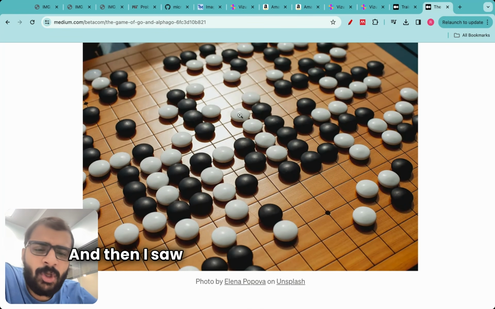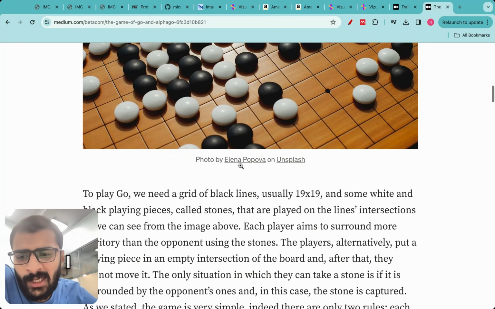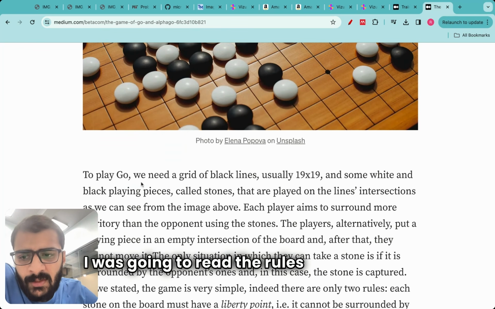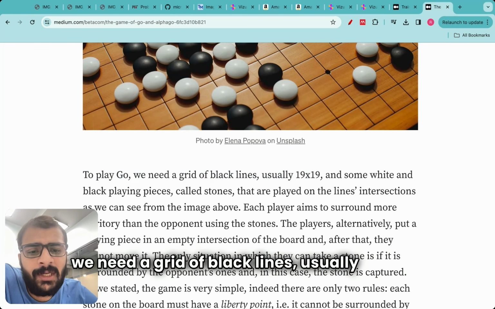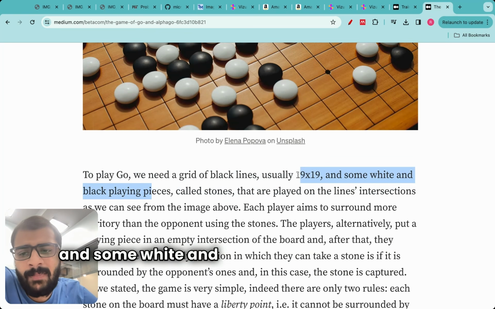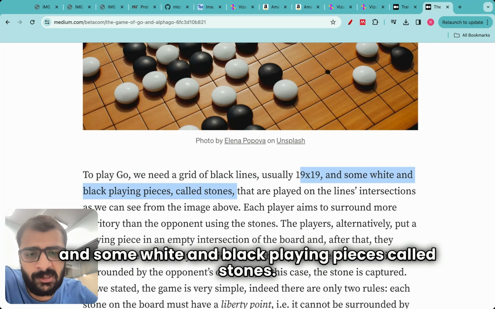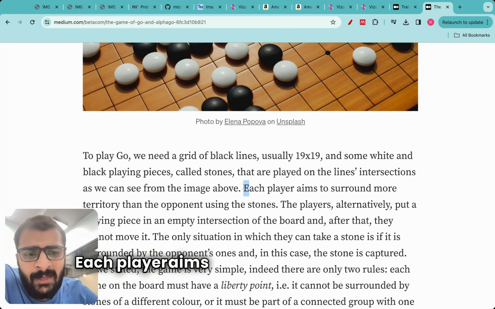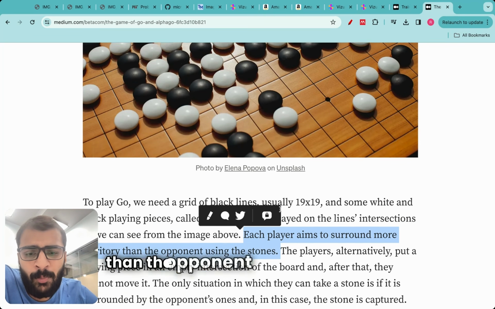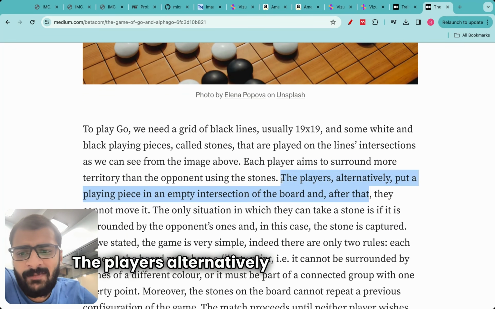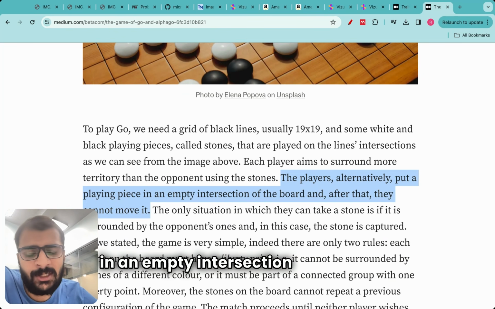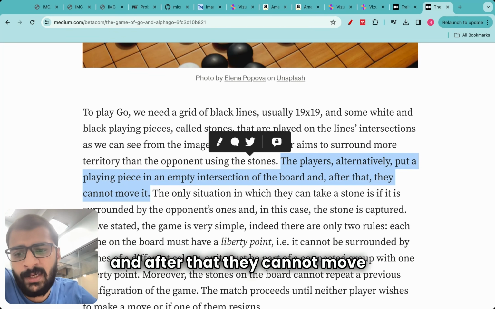And then I saw that, oh wow, this looks pretty cool. I went to read the rules. So to play Go, we need a grid of black lines, usually 19 by 19, and some white and black playing pieces called stones. Each player aims to surround more territory than the opponent using the stones. The players alternately put a playing piece in an empty intersection of the board, and after that, they cannot move it.